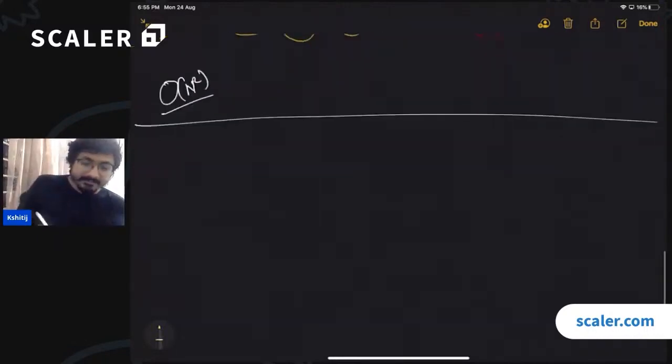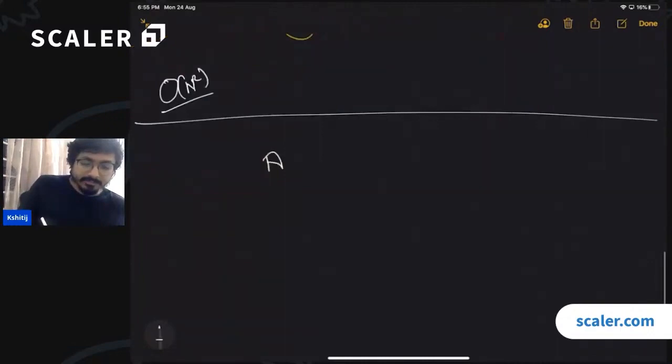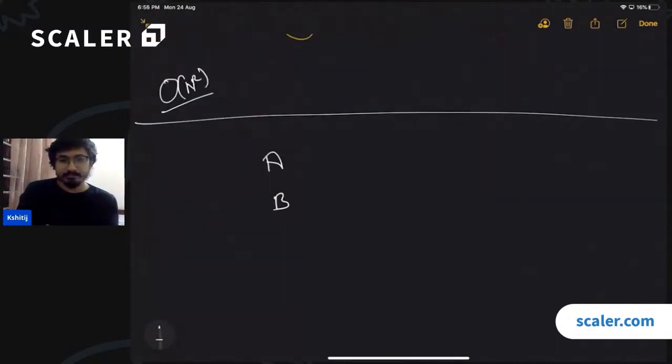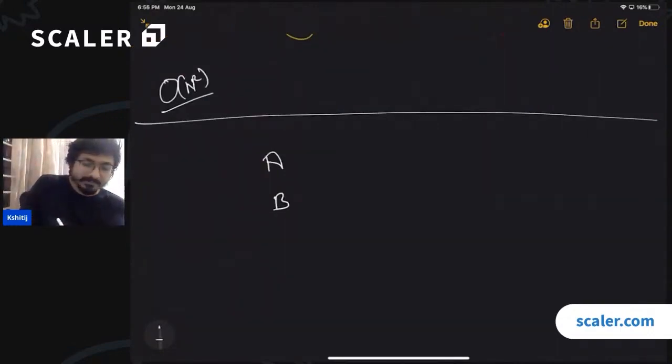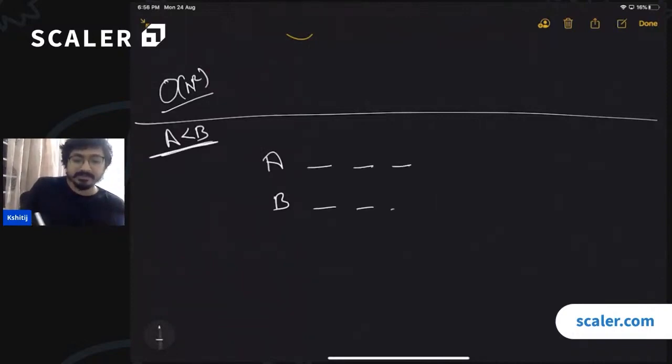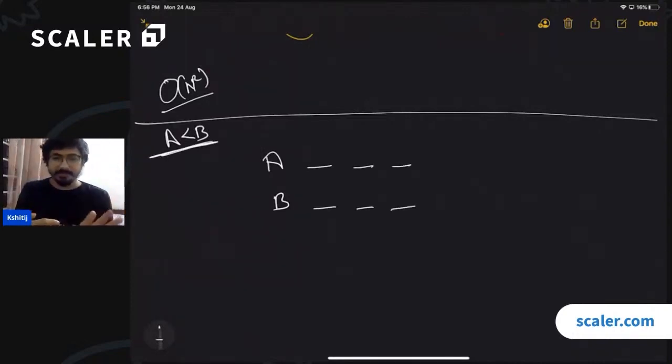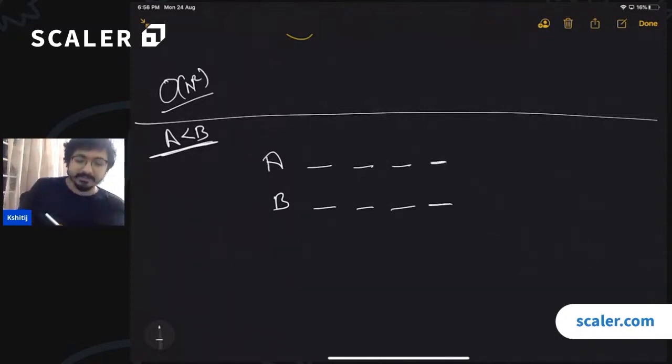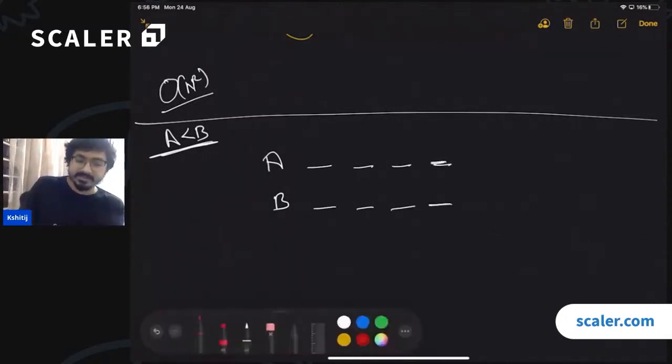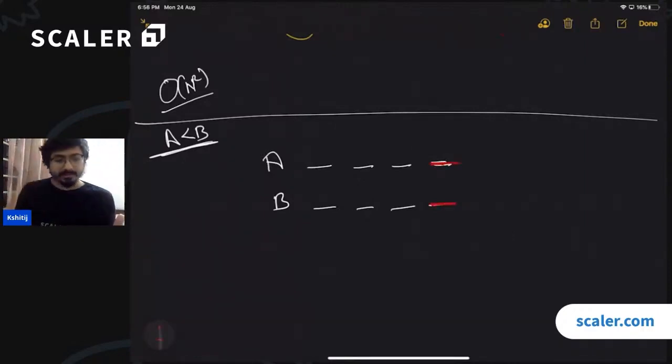So let us say that we have got two values A and B, and I'm saying that A is smaller than B. If A is smaller than B, then there are some bits for which the value is the same in A and B, and then there is a first bit in which the value is different in A and B. If A is smaller than B and this is the first position where the bits are different, what can I say about the values?